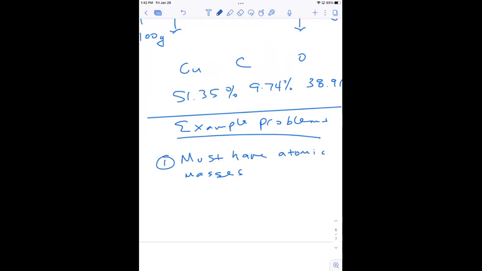And then you're also going to need a mass to determine the ratio. You're going to have to know how much of the compound you have, or how much of one particular element is present in that compound, in order to determine how much of the other element is present. So we also need a mass of one of the components.